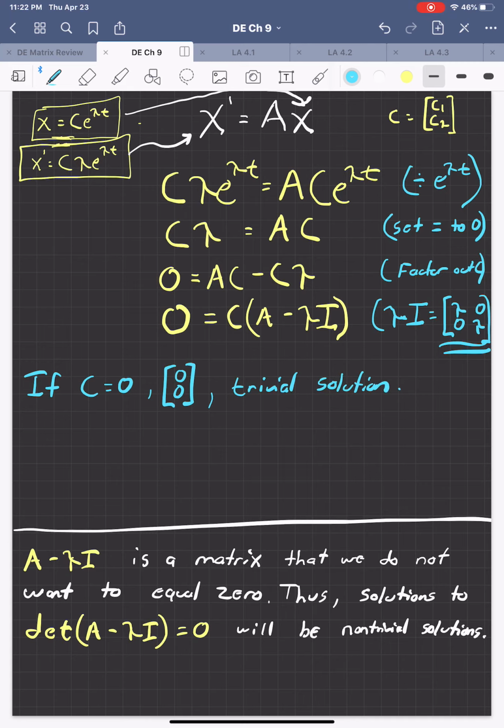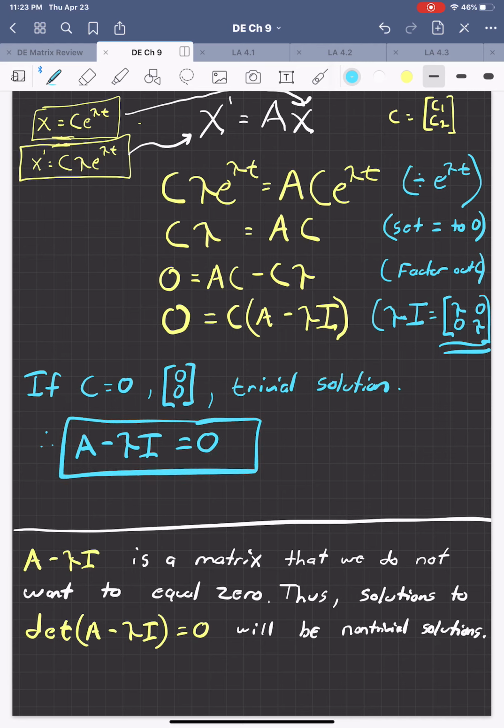We're not interested in trivial solutions. Therefore, what we care about is when A minus lambda I is equal to 0. I don't care if I just choose c equal to 0, because that's just a trivial solution.